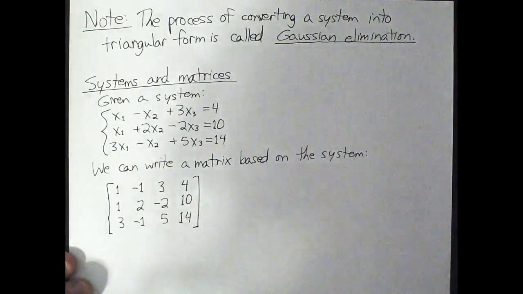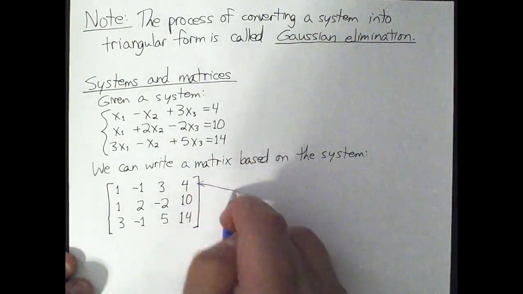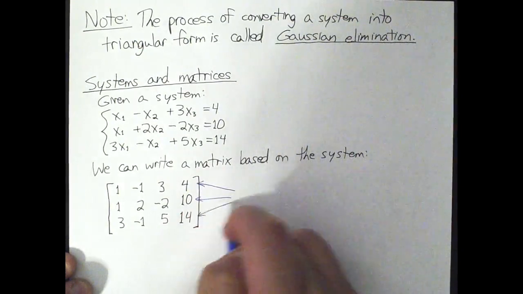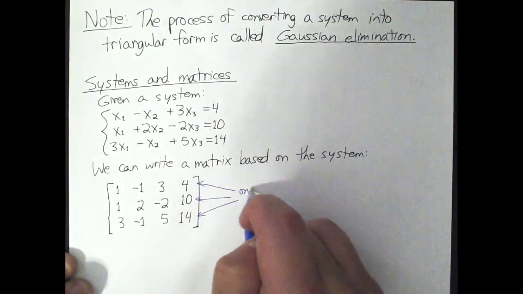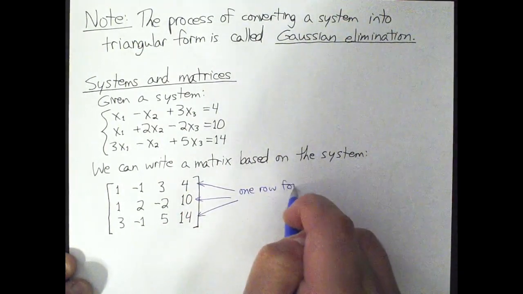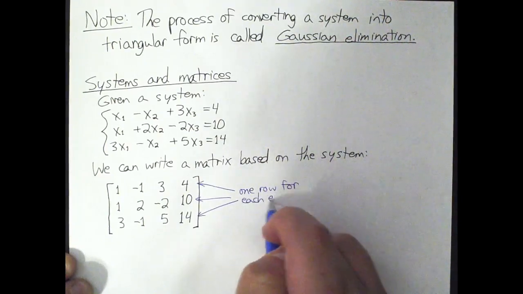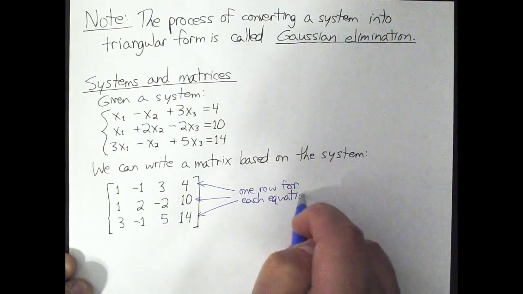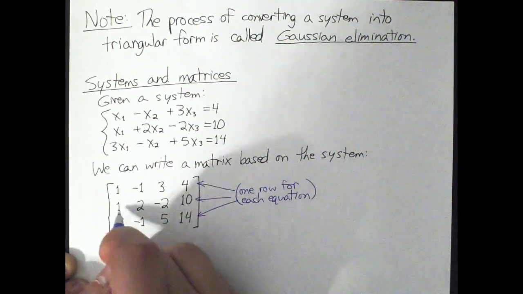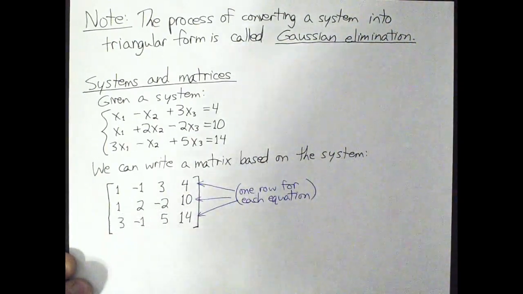When we do this, we do this with 1 row for each equation, right? We have a row of numbers, another row of numbers, and another row of numbers.